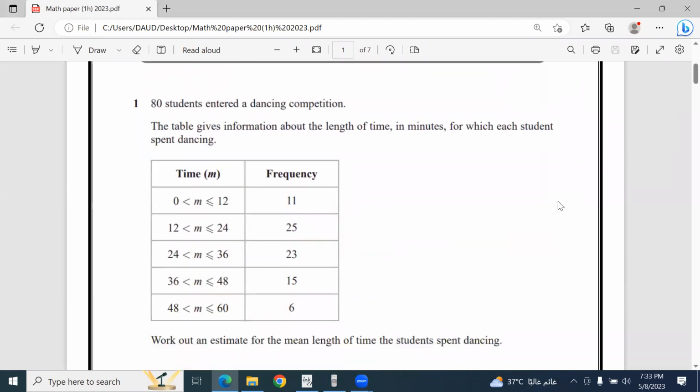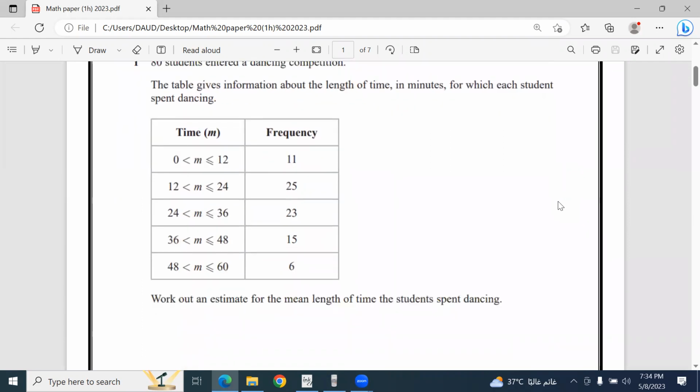80 students enter a dancing competition. The table gives information about the length of time in minutes for which each student spent dancing. The class widths are 0 to 12, 12 to 24, 24 to 36, 36 to 48 and 48 to 60. For 0 to 12 we have 11.